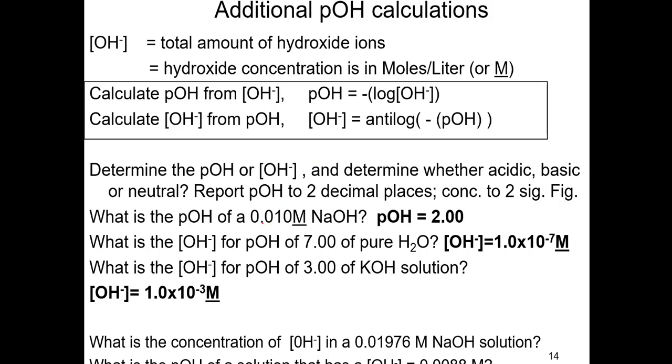Here I have a 0.010 molarity of sodium hydroxide. Using the Arrhenius definition, it creates one single hydroxide. So whatever the molarity is of the sodium hydroxide, it's going to be the same thing as the hydroxide concentration.